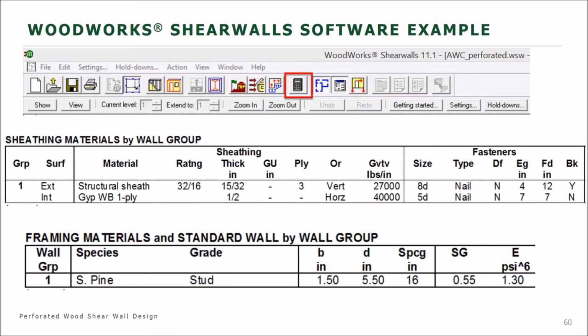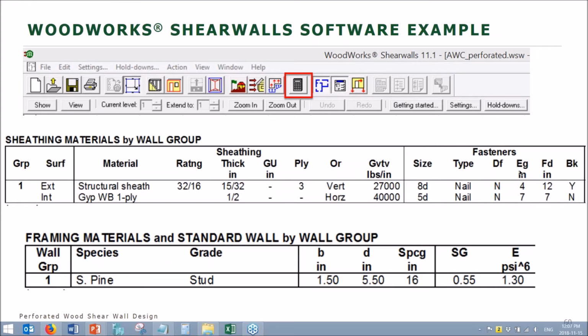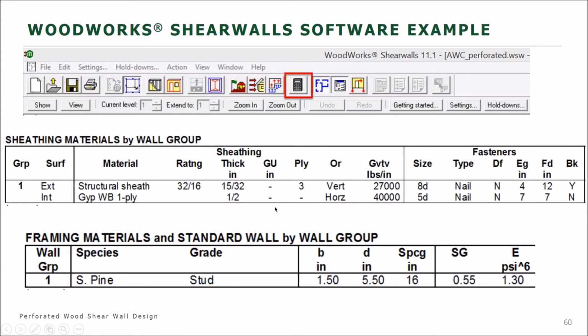So here we have our exterior surfaces, our wood structural sheathing, interior is a gypsum with a certain size of nails and certain spacings for edge nail spacing and field nail spacing. As well, at the bottom, we have our framing materials. So in our case, for the example, we have a 2x6 southern pine material of stud grade, and our spacings at 16 inches on center.